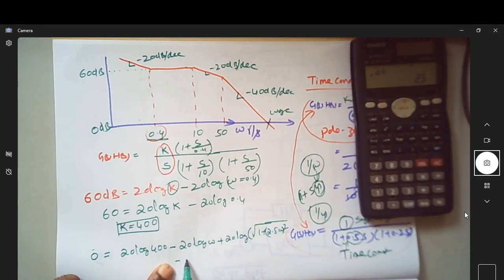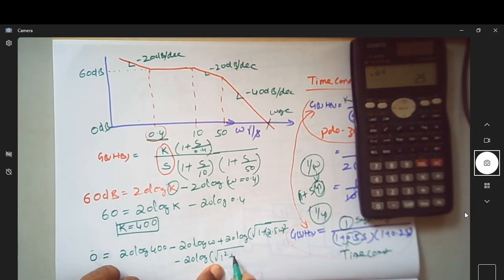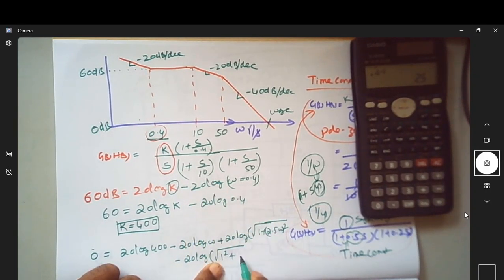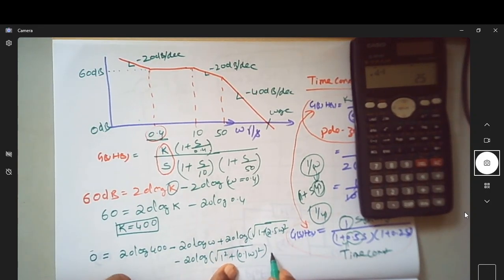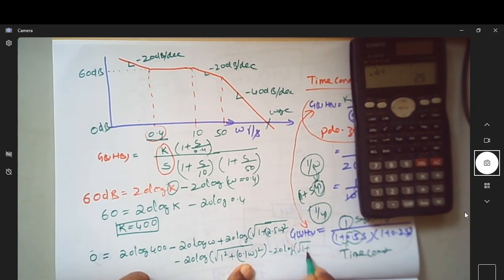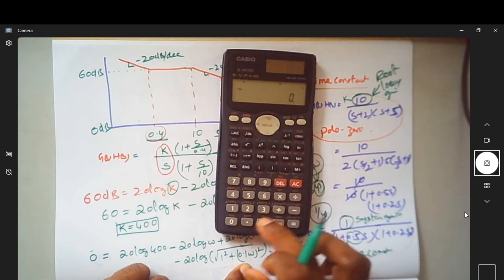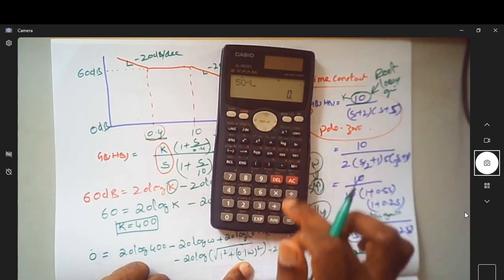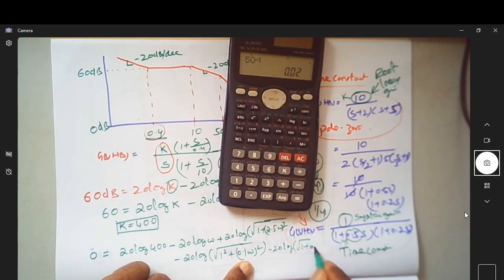Minus 20 log of under root of 1 plus, so omega by 10 is 0.1 omega whole square, and one more term is minus 20 log under root of 1 plus, so 50 is 1 over 50, which is 0.02 omega whole square.